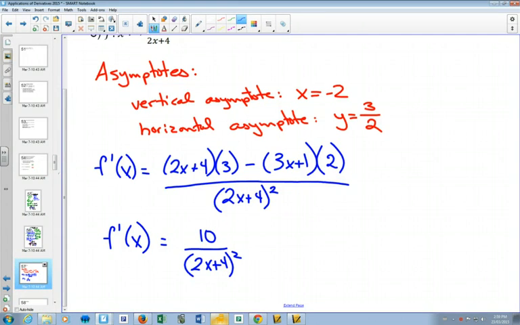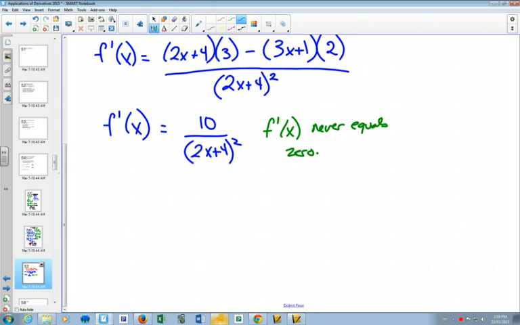In order for this fraction to equal 0, the only way a fraction equals 0 is if the numerator equals 0. So I hope you can see that f prime of x never equals 0. So as far as figuring out where things are increasing and decreasing, we still make our number line.